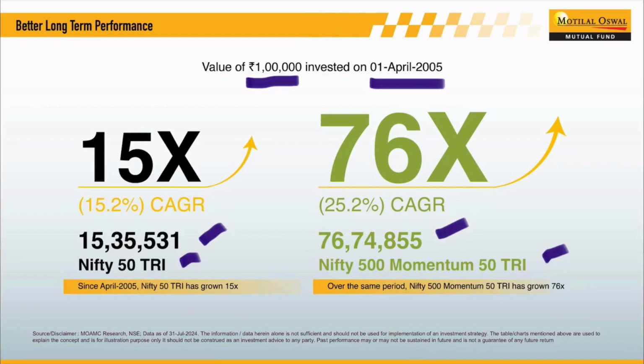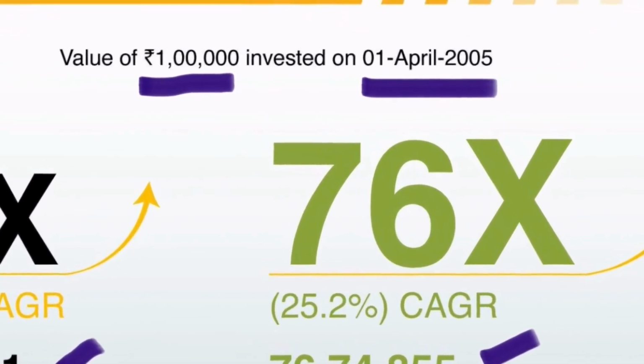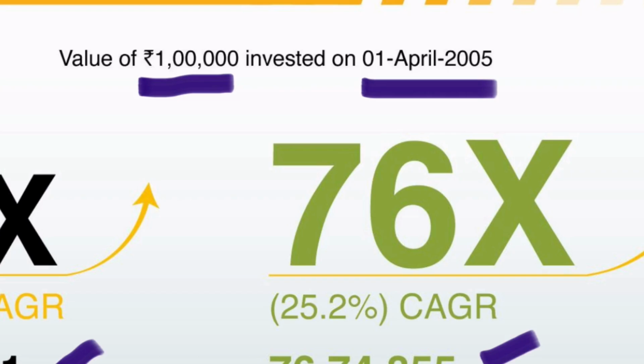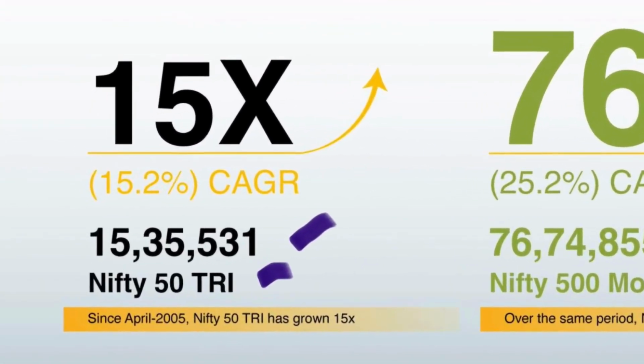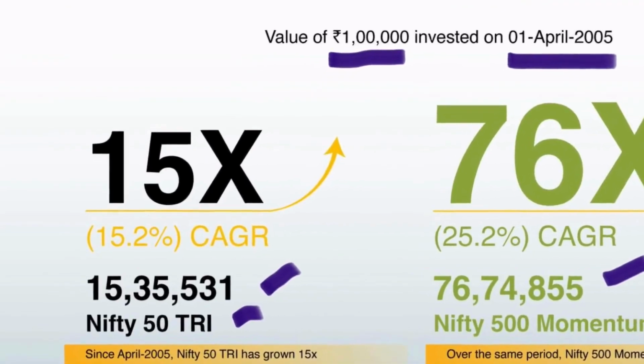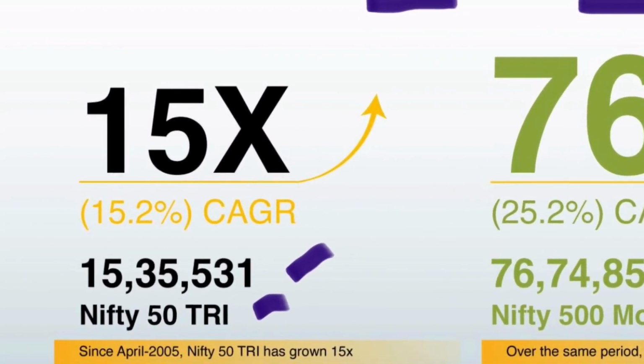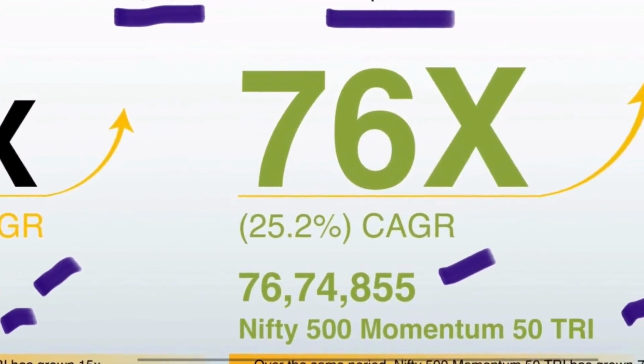Now let us check the performance of Motilal Nifty 500 Momentum 50 Index Fund versus Nifty 50. If 1 lakh is invested in April 2005, then Nifty 50 has given 15 times returns. That is for 19 years, 15 times return. The 1 lakh invested in 2005 became 15 lakh 35,000 with 15.2% CAGR in Nifty 50 TRI, that is total return index.